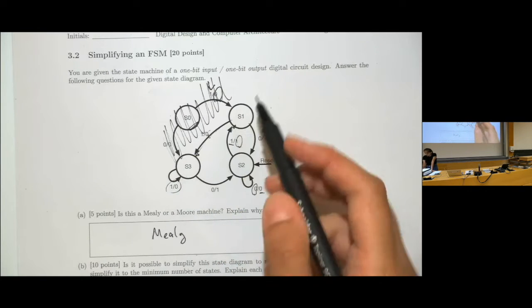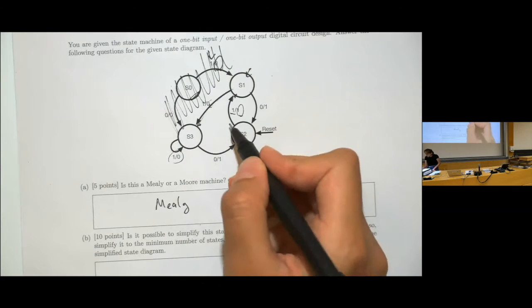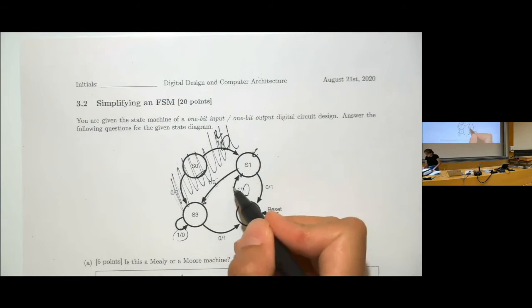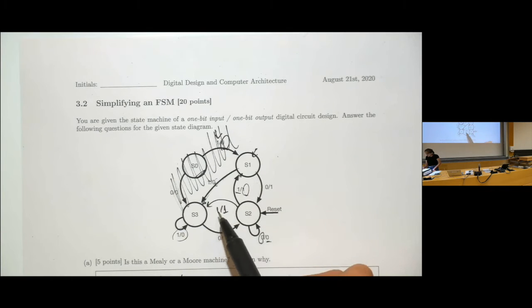So maybe we can just remove the redundancy in S1 by removing this and then converting this arrow from here to here, and then we do 1 1 here, because for the next ones and then the zeros, S1 and S3 behave identically.